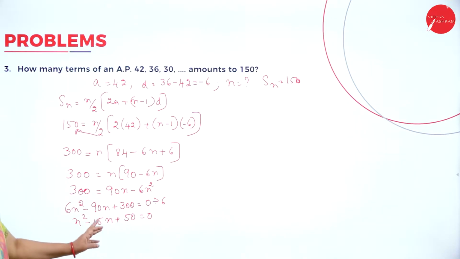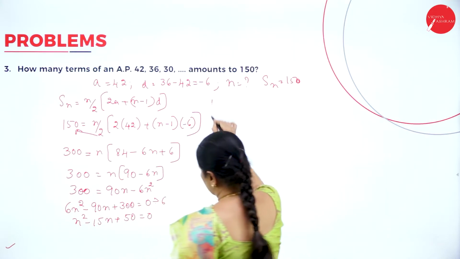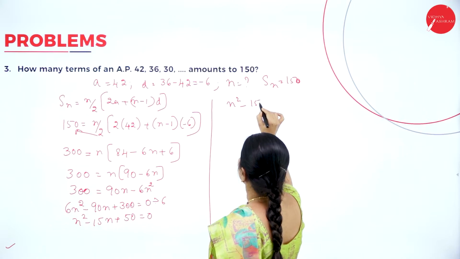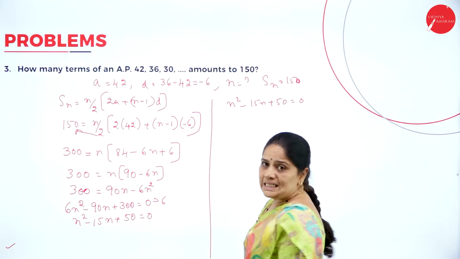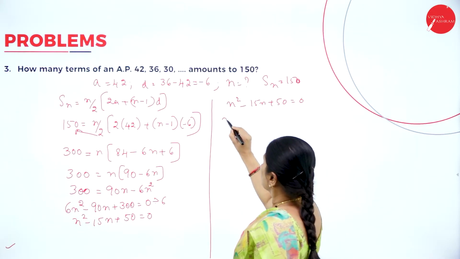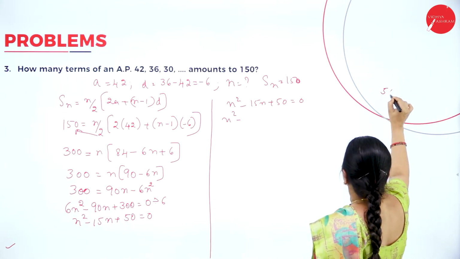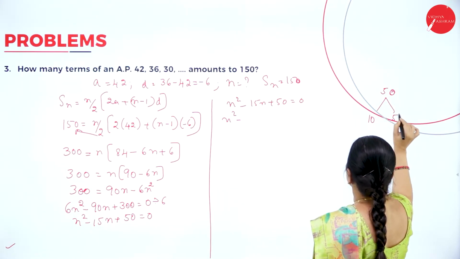Now when I simplify this, I'll write it again here, this equation, n square minus 15n plus 50 equals 0. So I have to find the factors of 50. So this will be 10 into 5.